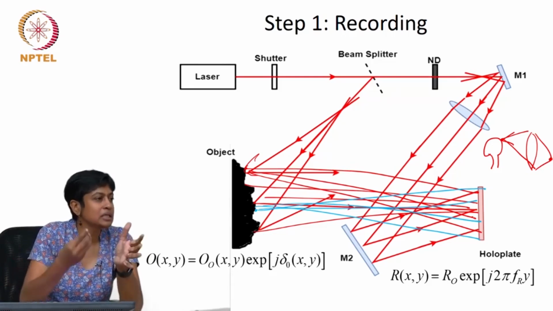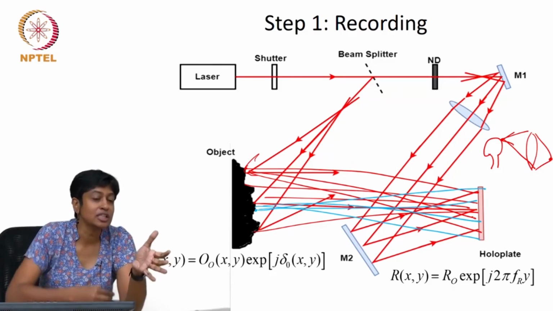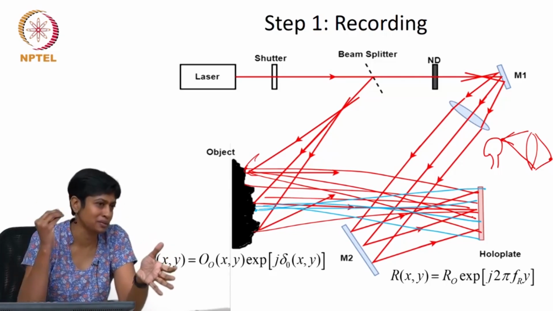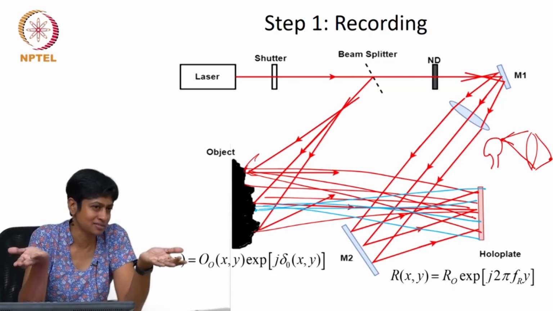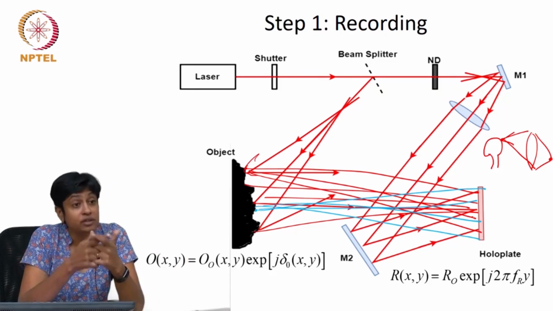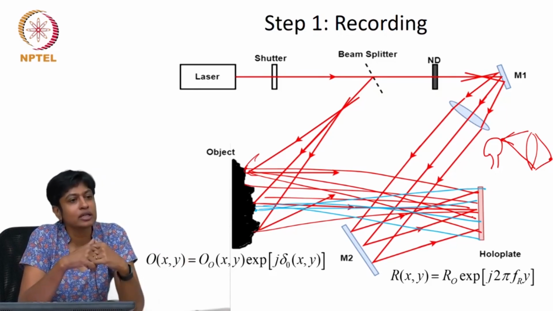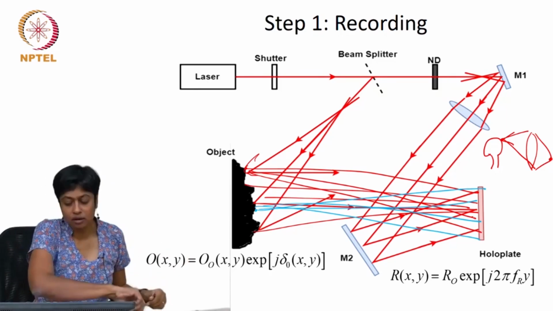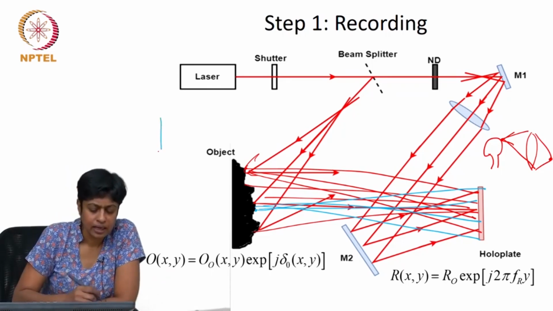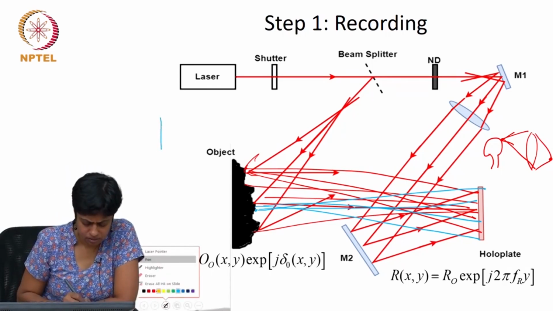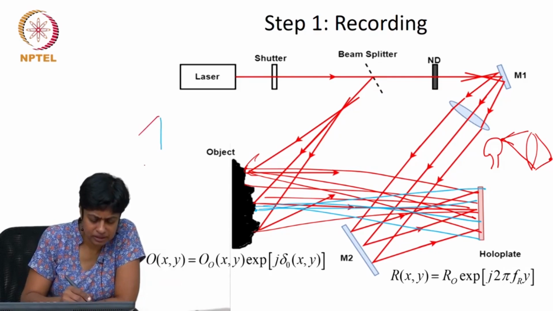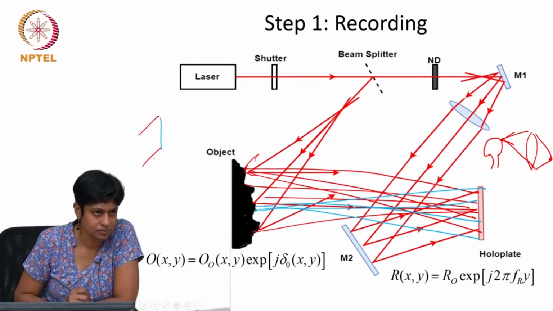But the information about every point on the object is stored everywhere on the hologram. That's a big difference. No, it's not a free lunch. That's what I said. It's not a free lunch, because if I had a hologram and I send this much light, all of this plays a role in forming an image.